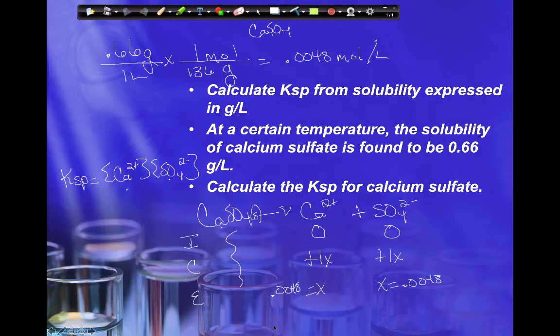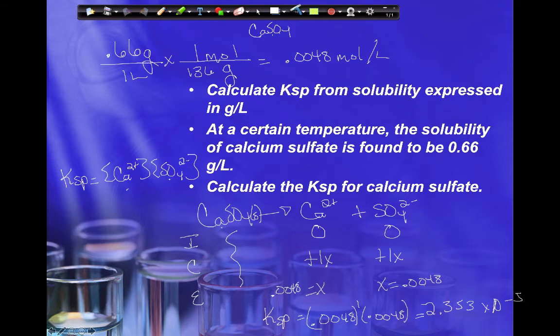So now we've got our solubility. We can plug it into the K expression. So it's 0.0048 to the first times 0.0048 to the first. And that's equal to 2.353 times 10 to the negative fifth.